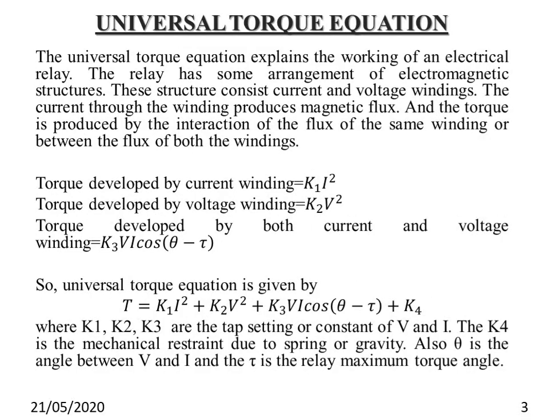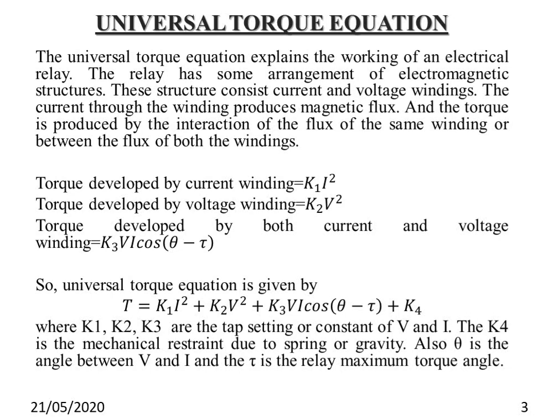Now, before proceeding to the details of the distance relay, we need to know first the universal torque equation. What is the universal torque equation? The universal torque equation explains the working principle of the distance relay. How? I will explain now. The relay has some arrangement of electromagnetic structures.